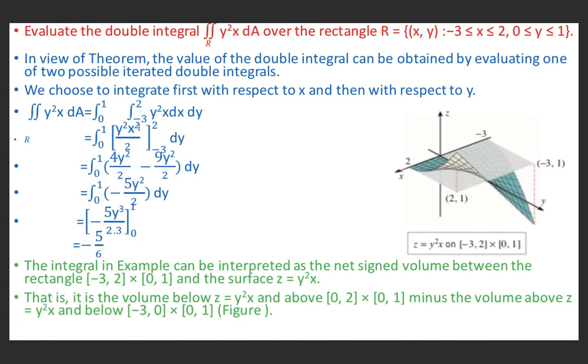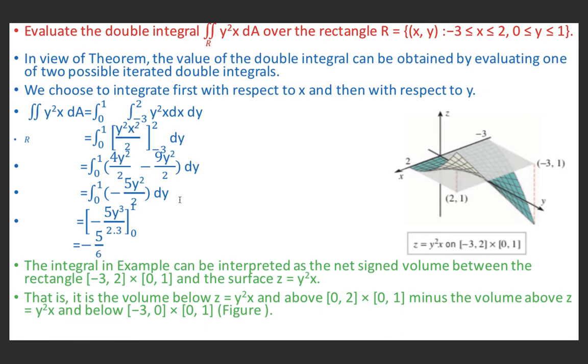Integration of x is x square upon 2. Limits are from minus 3 to 2. Substitute the upper limit, which is 2 square, so 4y square upon 2. Substitute the lower limit, which is minus 3. So y square times minus 3 whole square is 9, so 9y square upon 2. So this is 4y square upon 2 minus 9y square upon 2, which is minus 5y square upon 2.